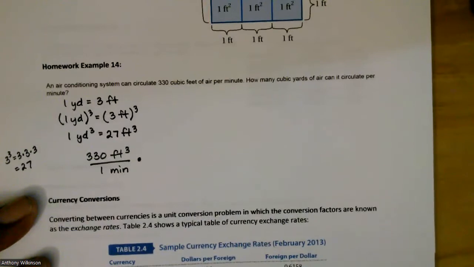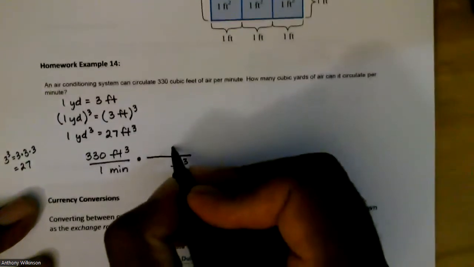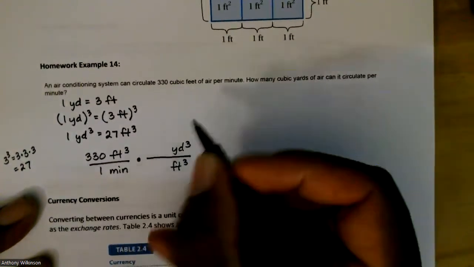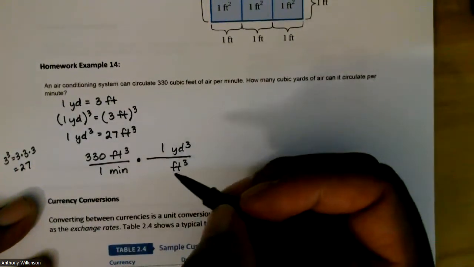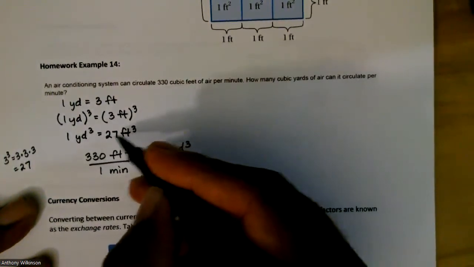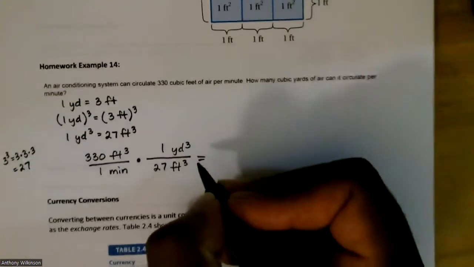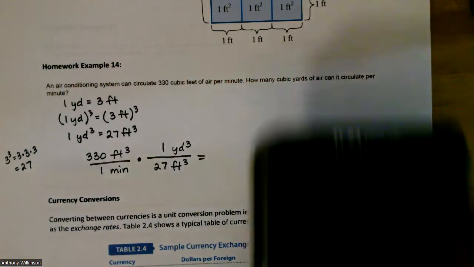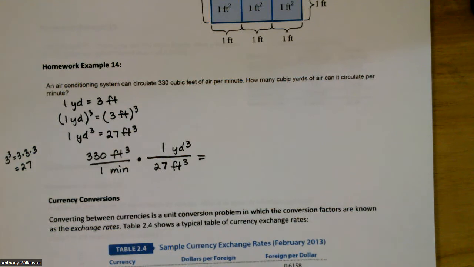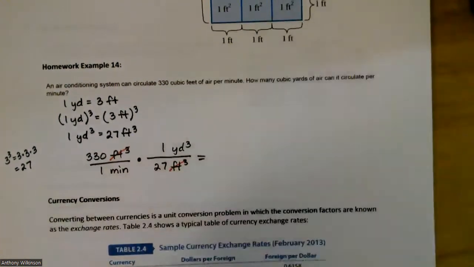We're going to convert from cubic feet to cubic yards. So the cubic feet has to go in the denominator. The cubic yards goes in the numerator. 1 cubic yard goes in the numerator, equivalent to 27 cubic feet. The 27 has to go in the denominator. And by the way, you're going to see that the cubic feet divide out. You'll be left with an answer in cubic yards per minute.